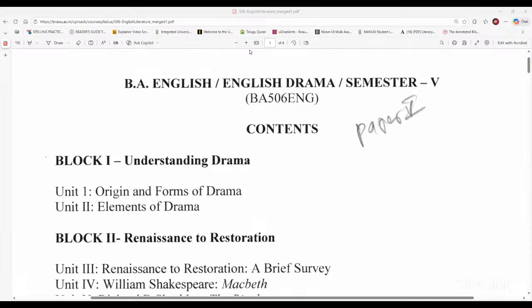Or power and ambition could be a theme. Or good versus evil could be a theme. Identity and self-discovery could be a theme. Social justice could be a theme. Right. So basically, theme is a central idea or underlying message of the play, and in case of fiction, of short story or novel.